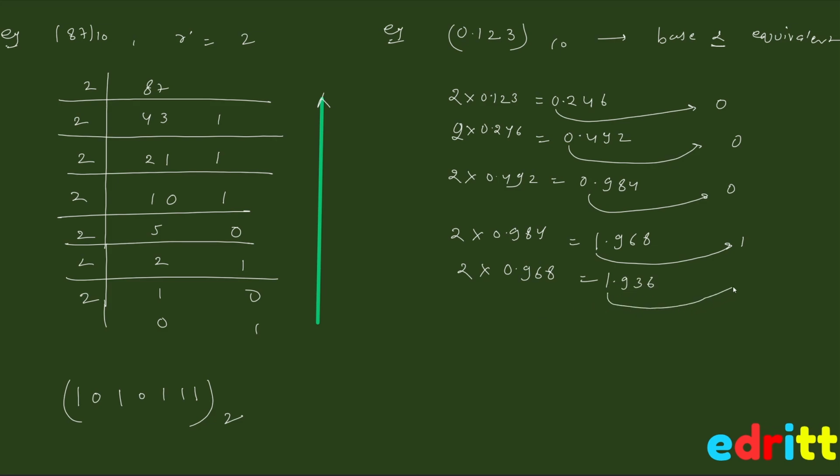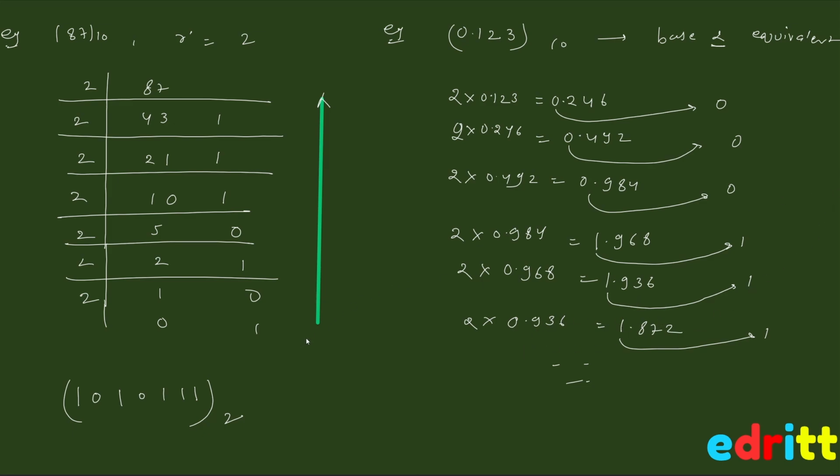Now this 1 is something you have to put here, and then 0.936 you have to extract out. So 2 into 0.936 gives 1.872, and you have to put this 1 over here and so on. You have to do this till we get a complete zero over here.